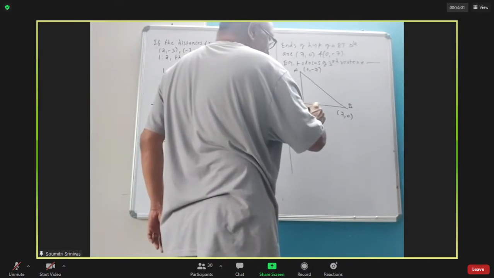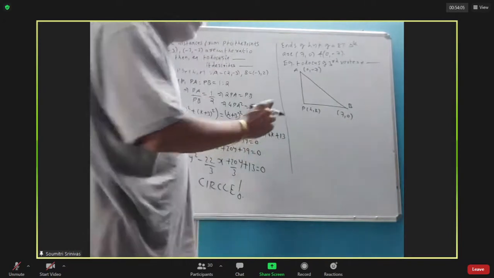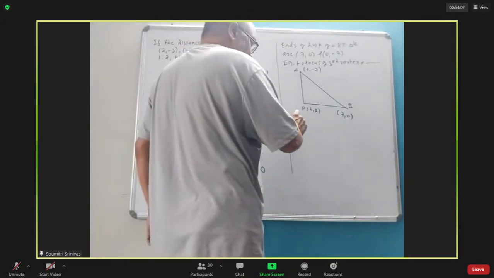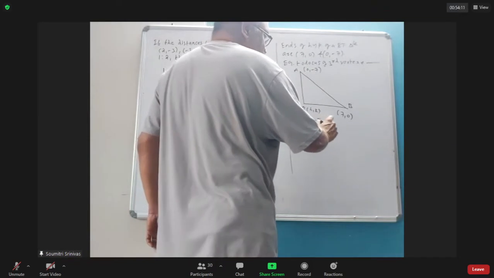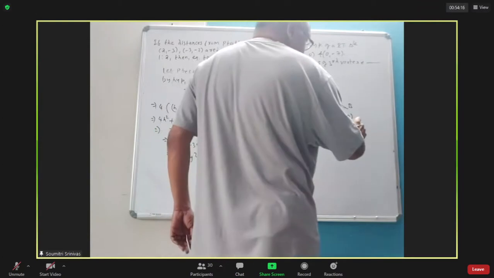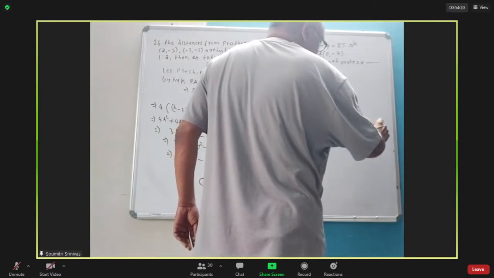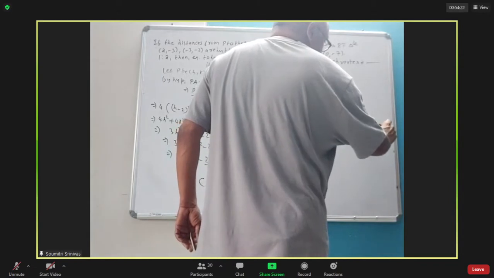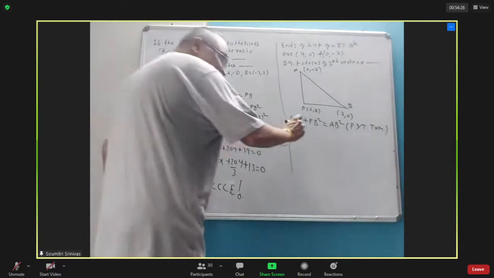Let this be P. There are two methods. What is method one? PA square plus PB square is equal to AB square. What is this called? Pythagoras theorem. You can apply Pythagoras theorem, but this will be laborious.